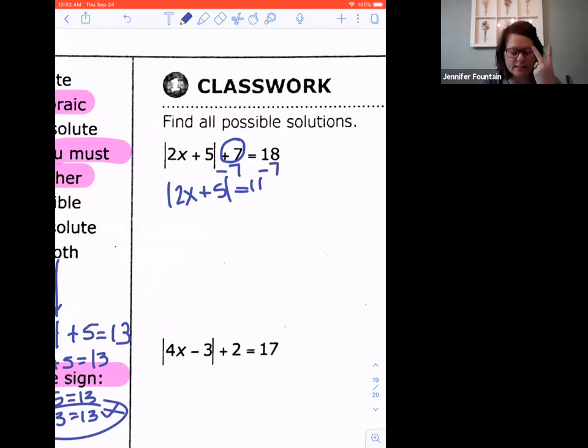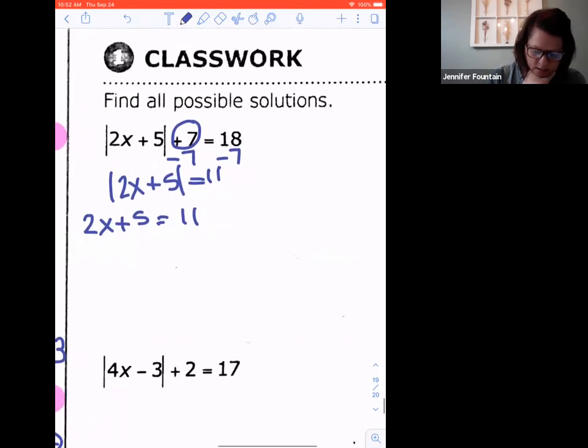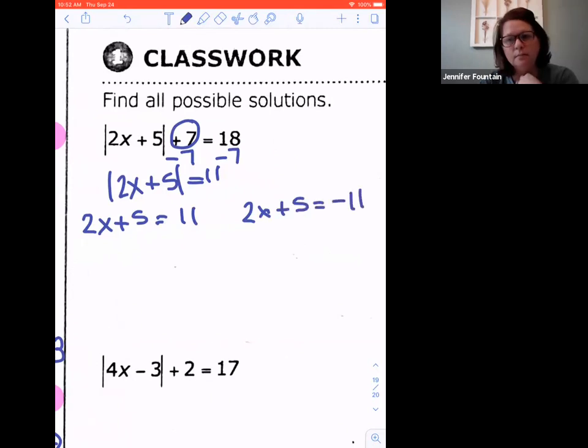Step 2 is I am going to set up my 2 possible equations without my absolute value sign. I set up my 2 possible equations, one positive, one negative. So I have 2x plus 5 equals 11. And I have 2x plus 5 equals negative 11.